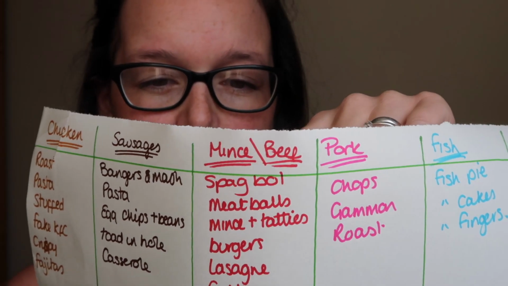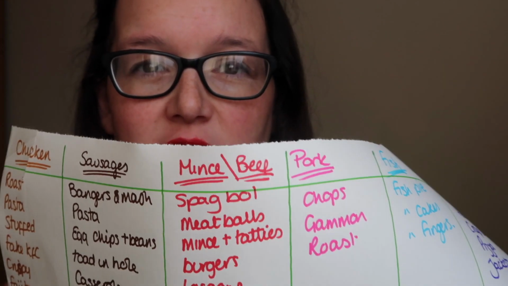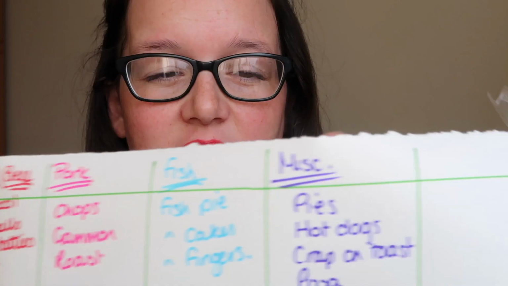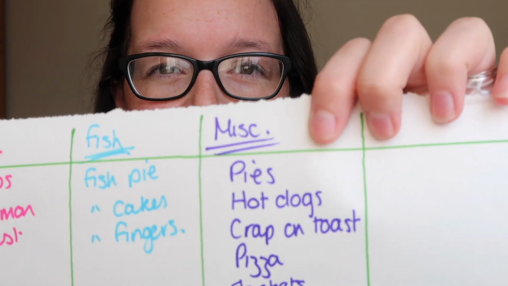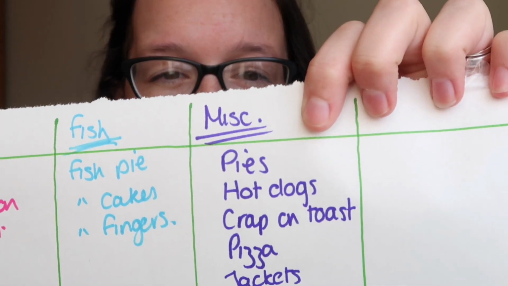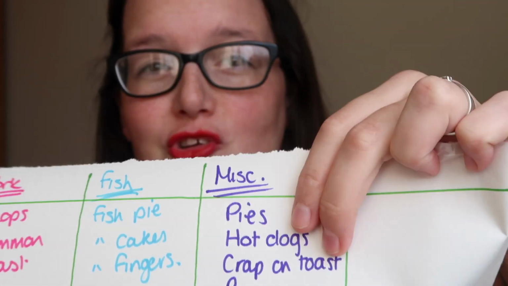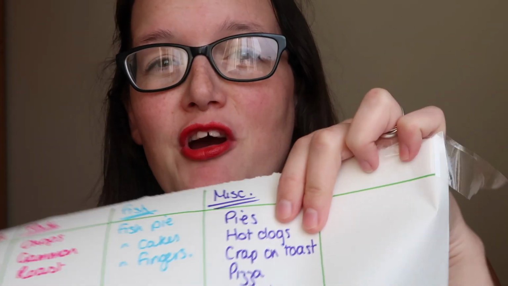So we make our own meatballs. Liam makes a really good spag bowl, fajitas, and then our miscellaneous meals. So we've got the pies, hot dogs, beans on toast. They're for out in a rush meals, and then pizzas, jacket potatoes, things like that.